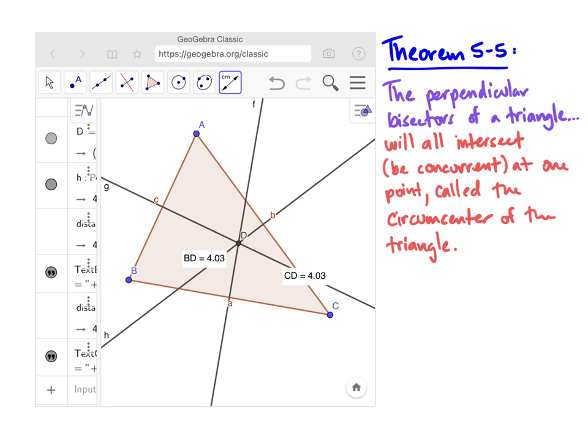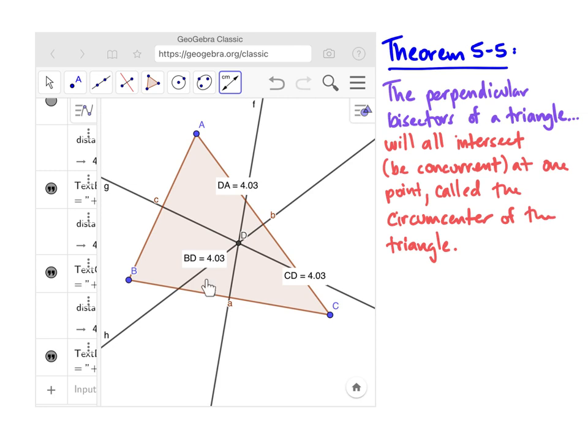But now let's take this a step further. D is not only on the perpendicular bisector of segment BC, it's also on the perpendicular bisector of segment AB. So what we would expect is that D would be equidistant from both B and A. Well, we already know that from B to D is 4.03, so what we would expect to see is that from A to D is also 4.03.